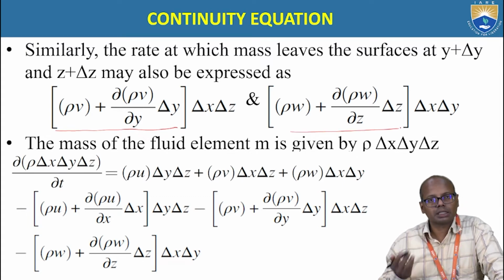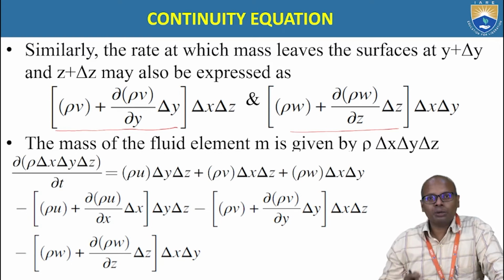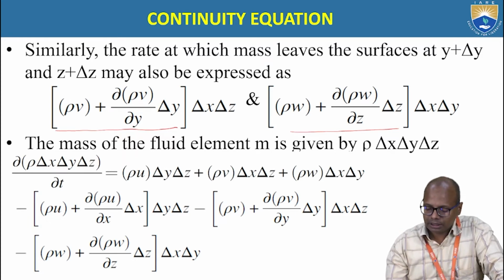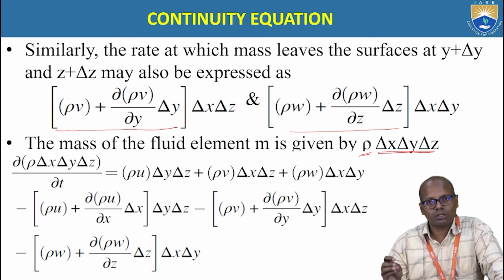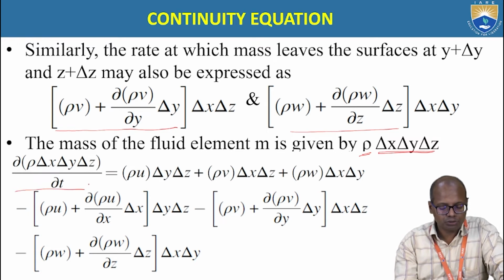The amount of mass leaving can be written like this. Now, the mass of the element is the density into the volume of the element. The density is rho and the volume is already defined as delta x into delta y into delta z. So density into volume gives the mass, and the rate of change of mass is dou by dou t of rho delta x delta y delta z.